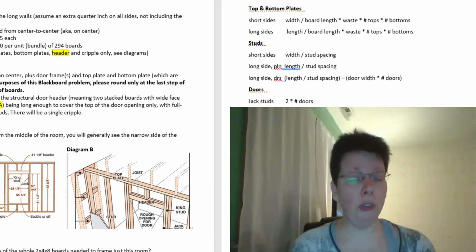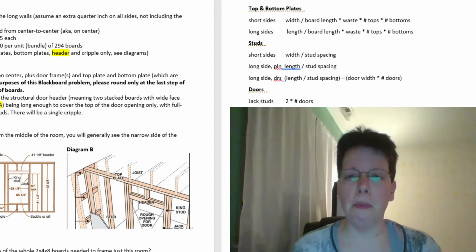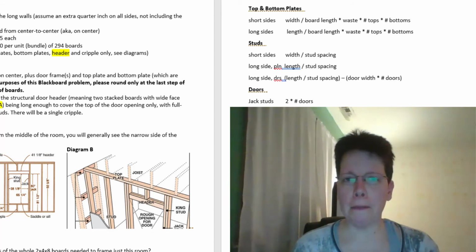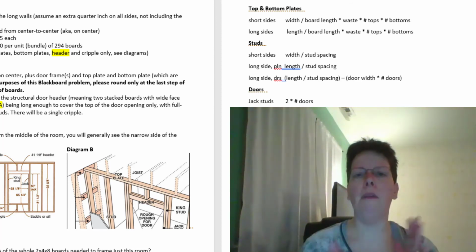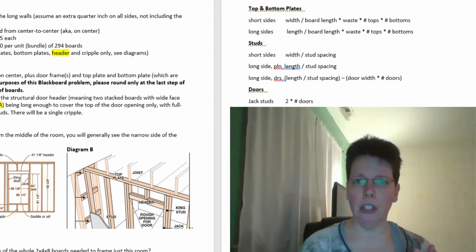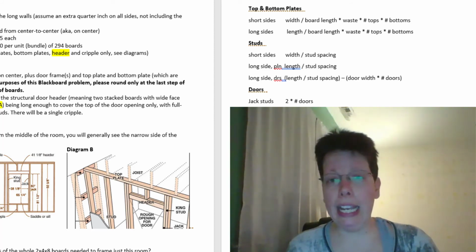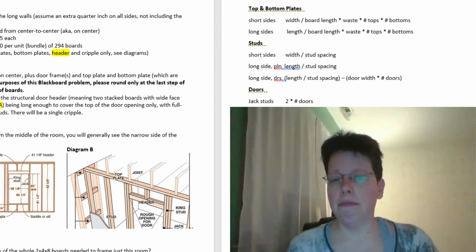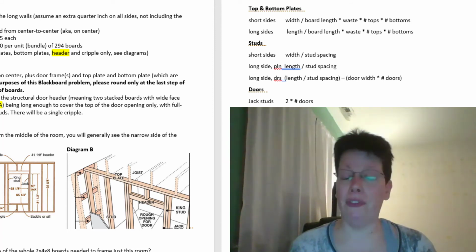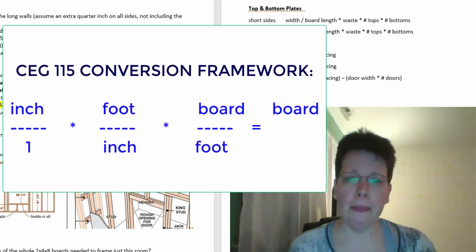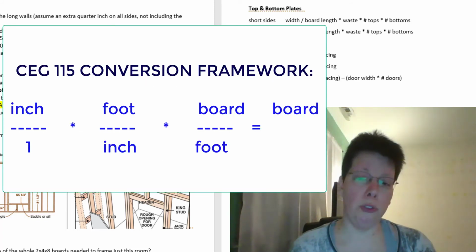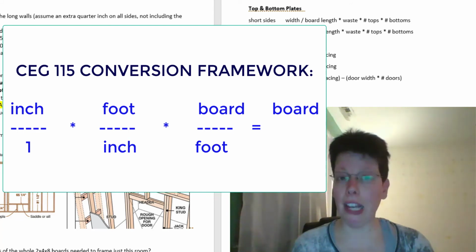So I've given you all the information you need to figure out how many boards you need. Remember, you're trying to get everything into the common unit of board, which is actually 8 feet long. And so all of the lengths and widths that you are given, if they're in feet, if they're in inches, you just need to figure out how many boards will be needed to do that certain task. For instance, the studs.